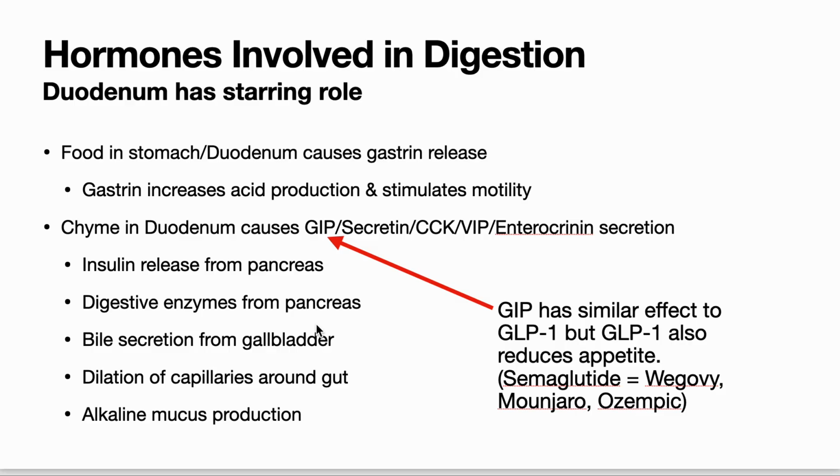It binds to receptors in places in the brain that reduces appetite. And that's what drugs like Wegovy and Ozempic and Mounjaro are leveraging in order to reduce appetite in patients that are taking it and to give them more insulin so that they are dealing with their blood sugar better, and the sugar isn't just remaining in the blood, which is what we don't want, right? We don't want high blood glucose levels.